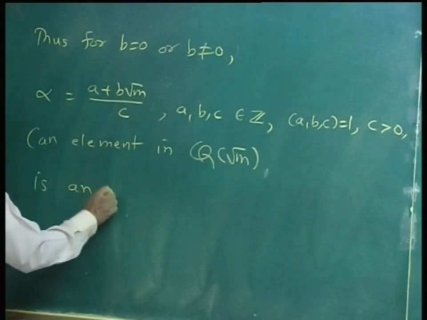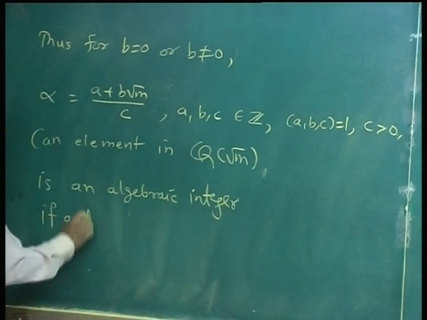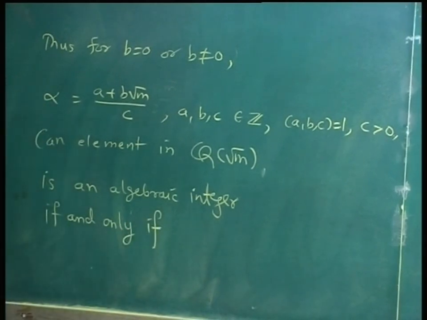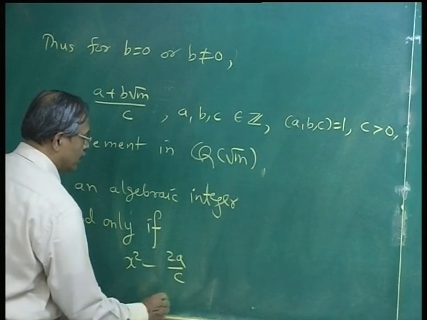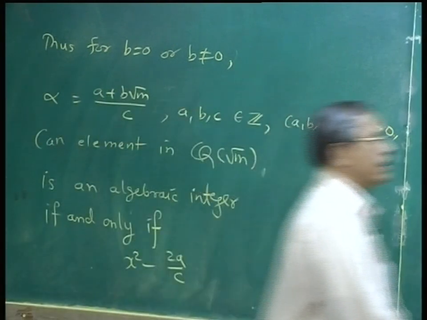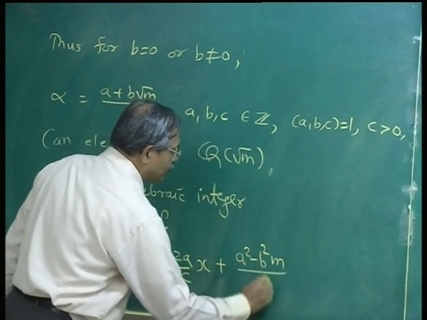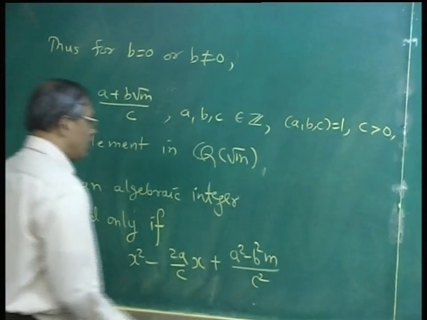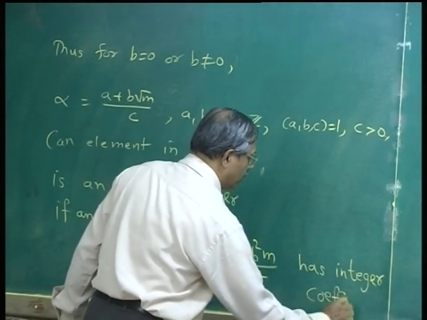It is an algebraic integer if and only if x square minus 2a upon c times x plus a square minus b square m upon c square has integer coefficients.